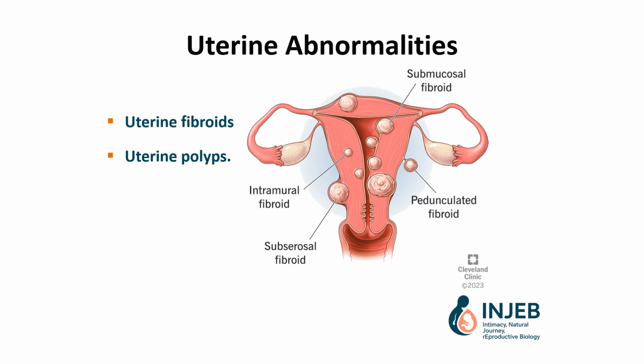The fibroids or fibromas that are responsible for infertility tend to happen either within the uterine cavity or within the walls of the uterus.